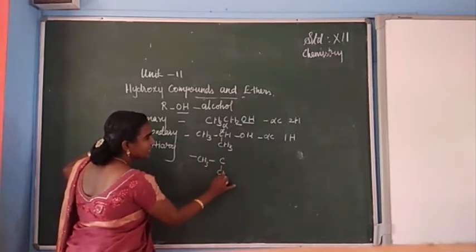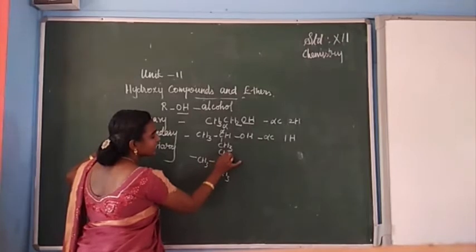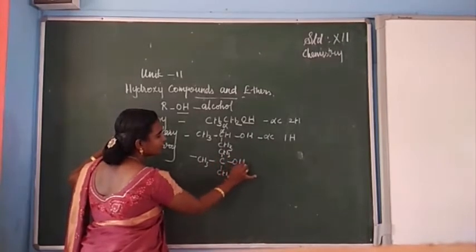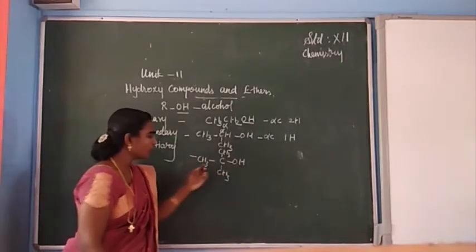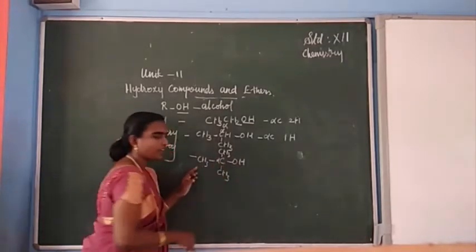CH3, CH3, CH3, OH. When you consider this compound, this is the functional group. This carbon is the alpha carbon.